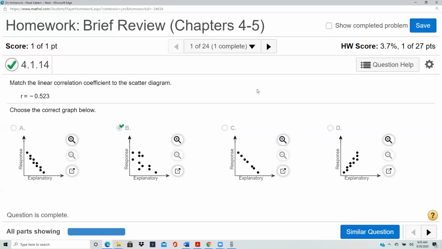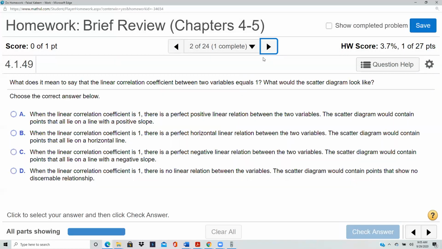So then, what does it mean to say that the linear correlation coefficient between two variables equals 1? So 1 means it's a perfect positive correlation, right? -1 means it's perfect negative correlation, and +1 means it's perfect positive correlation. And in perfect positive correlation, all the points lie on a straight line.